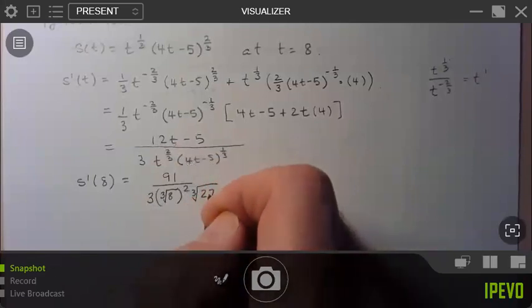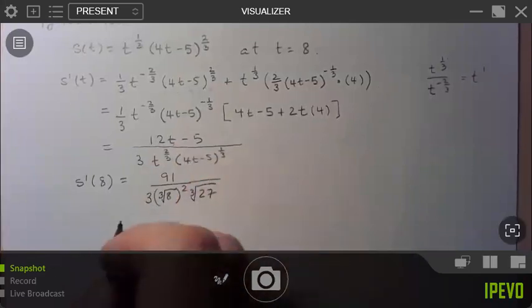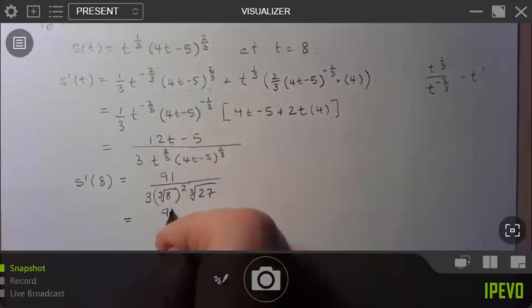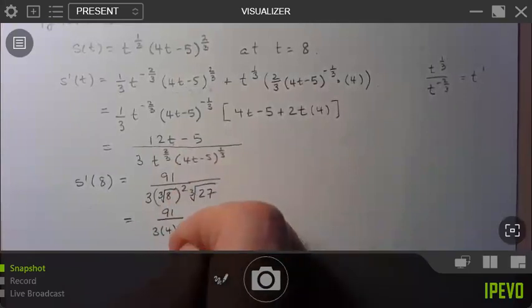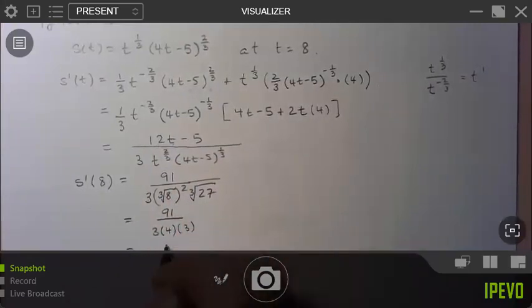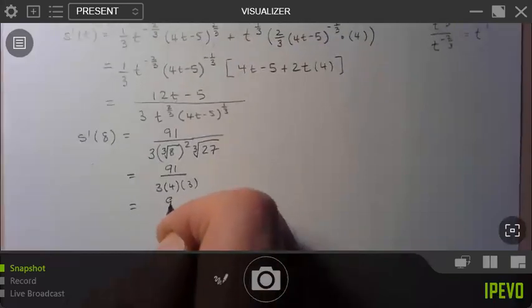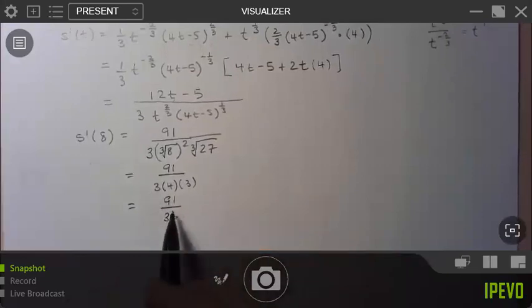Actually, this does work out nicely. So what do we have in the end? We have 91 over 3 times, cube root of 8 is 2, squared is 4, and cube root of 27 is 3. And so it looks like we have 91 over 9 times 4 is 36. And I'm pretty sure this does not simplify any further.